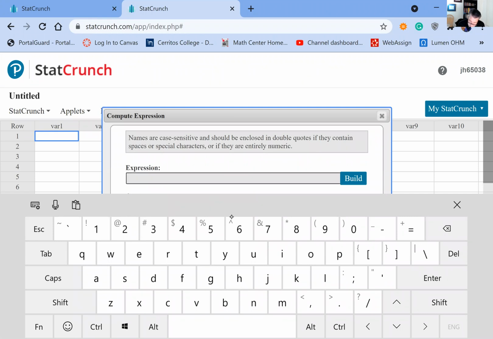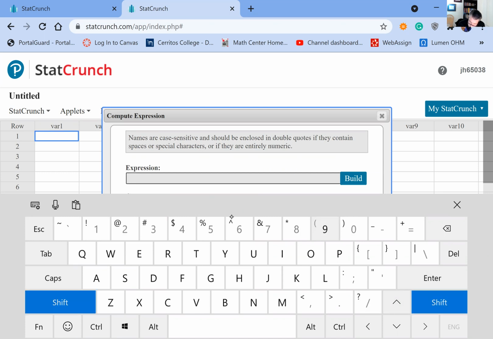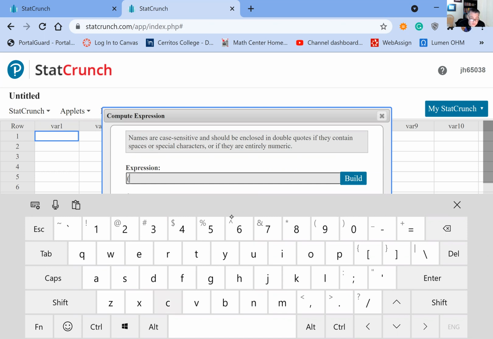I would like to compute, shift parentheses. Do I need parentheses? Maybe not. Let's do combination. Now I need parentheses, shift parentheses, combination. What's the combination for n comma x? So we want 5 comma 3, right? 5 comma 3.